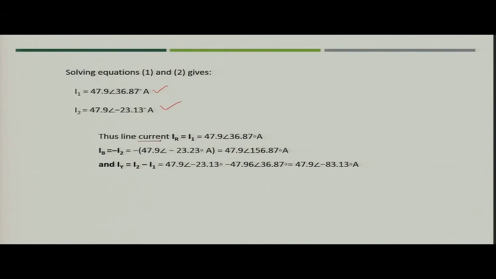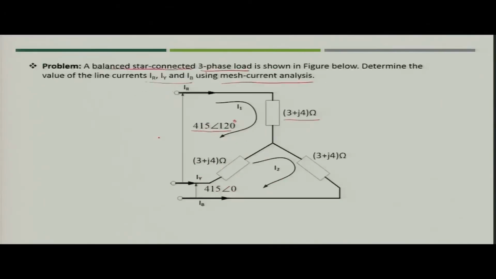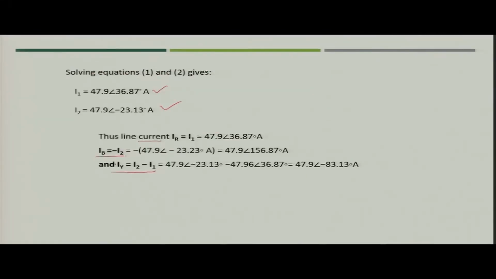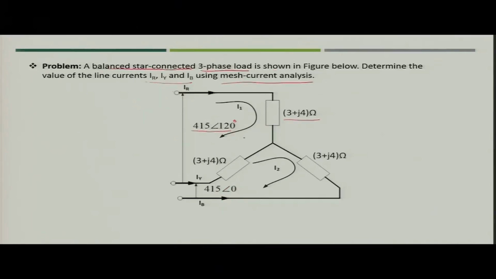Now, the line current which you will see in this figure, IR is nothing but I1, IY is nothing but I2 minus I1, and IB is nothing but minus I2, and thus you can verify from this figure, because this current is in this direction. So, IR is nothing but I1. Here if you see IY, this is I2 and this is I1.